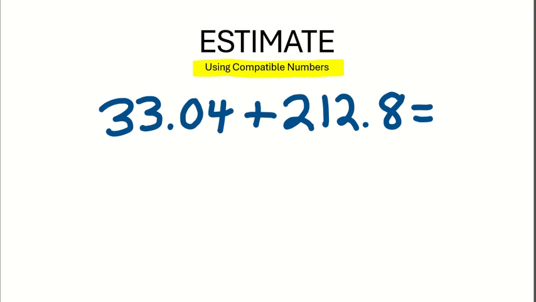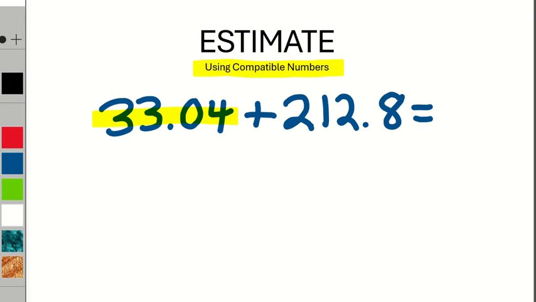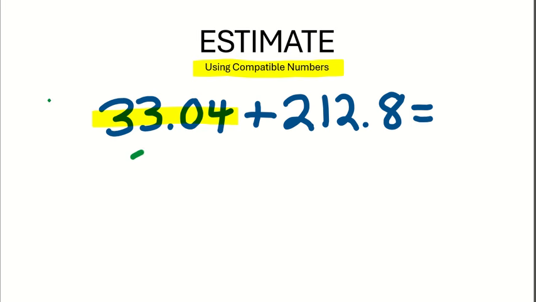Now, once again, I find it very helpful to look at these numbers as if they were money. That just helps me understand decimals better. So this is $33.04. So is that going to be closer to $33 or $34? Well, I know that it's going to be closer to $33. So let's make that our compatible number.